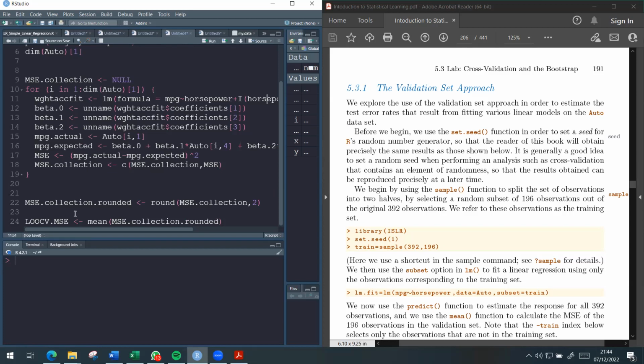I'd just like to remind you what we're doing in cross-validation. The idea is that you would usually want to test your model by calculating the mean square error, and hopefully you get it as low as possible on some kind of test data set. The test data set is data that you haven't used.